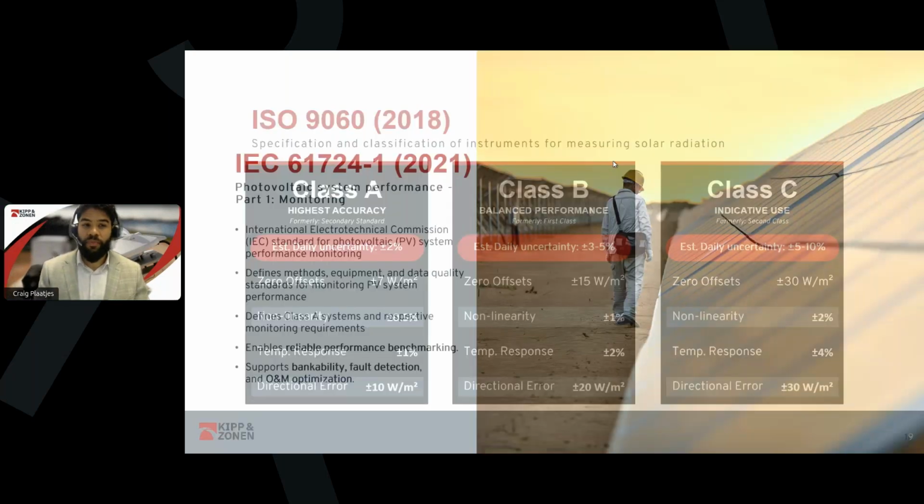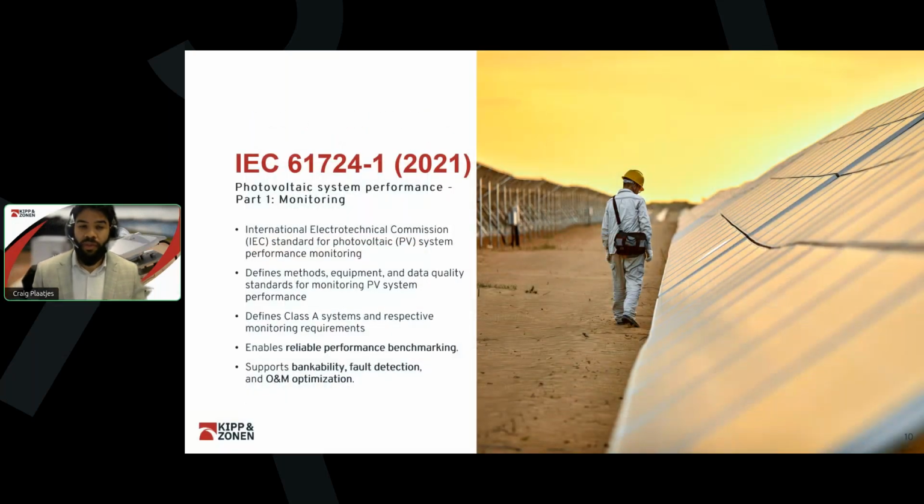So, as I mentioned, if the ISO standard governs what the pyranometer is and how it needs to perform, then the IEC 61724-1 standard governs how the pyranometer needs to be selected, operated, and maintained to ensure that the data that it is generating is reliable for PV plant performance monitoring. And so, like ISO, the IEC standard has different classifications, but the distinction is important.